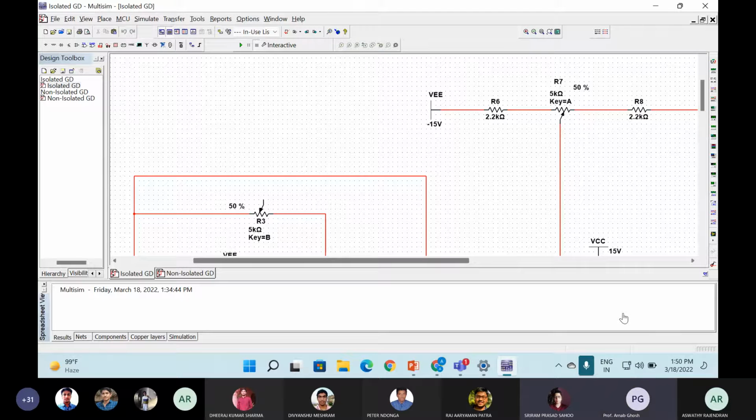My question is what is the purpose for using that isolated type gate driver circuit. Sir, can you speak a little loudly? I'll put myself on mute. I'm asking you what is the purpose for using that isolated type gate driver circuit.